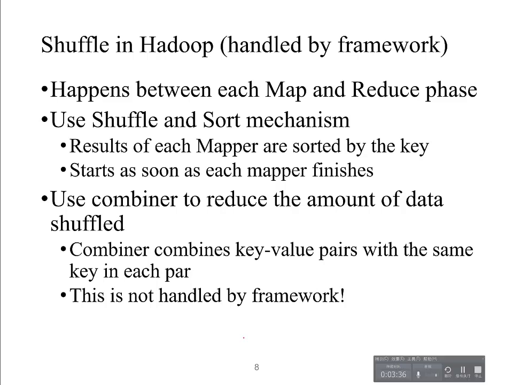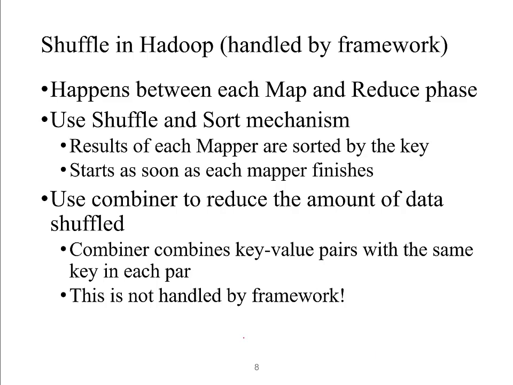So this shuffling happens as soon as each mapper finishes its job, because in this way it tries not to overflow the network.